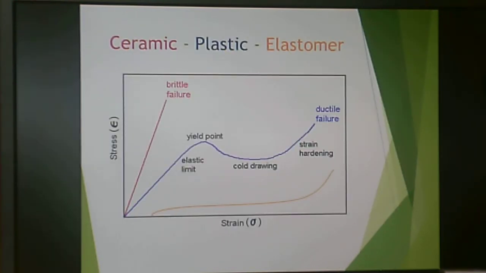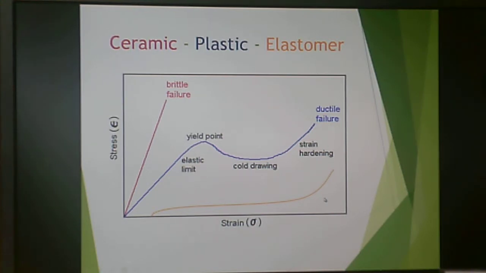This is some examples of what you would see as your output from tensile testing. Stress is here, strain is here, and you will get curves that look like this depending on what you have. Now if you have a really brittle material, you will get this sort of straight line and then brittle failure, it just breaks. If you have a really ductile material like an elastomer, you'll get this very shallow but long drawn out curve where you get ductile failure at the end.